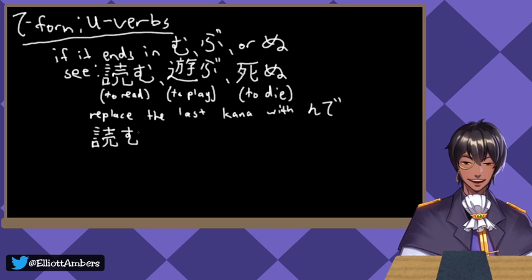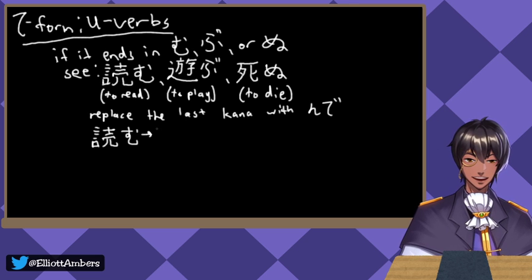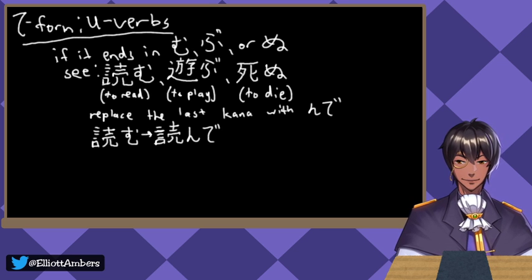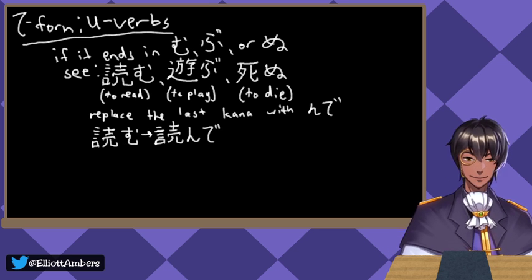Yomu, to read. To request someone to read, you would say, we have yo, the kanji for to read, yonde. So that mu, this character here, gets replaced with yonde.